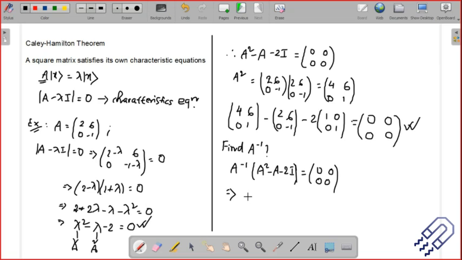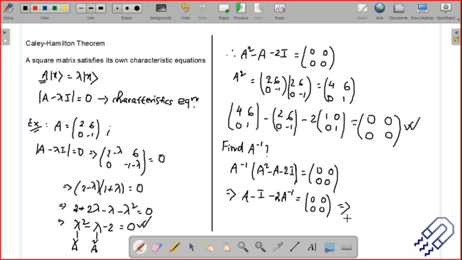So what we have here is this A inverse into A square, so it will be just A. A inverse into A will give you the identity matrix I, or matrix property, minus 2 times I into A inverse will just give you A inverse. So it will be 2 times of A inverse is equal to the 0 matrix. So I think directly put 0 also, it doesn't matter.